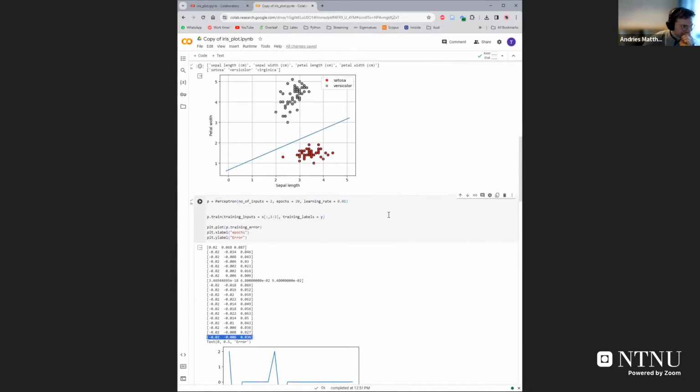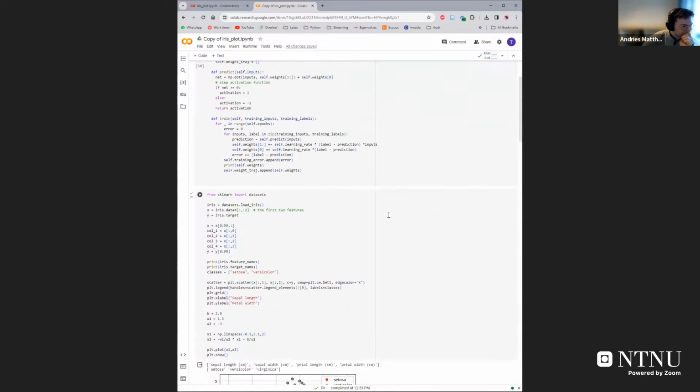Interesting. Because the epoch is defined there.